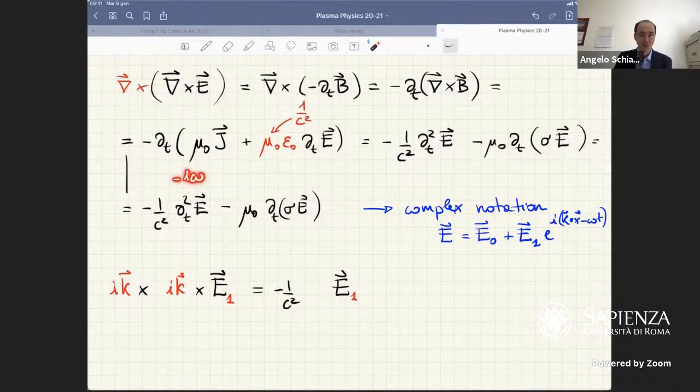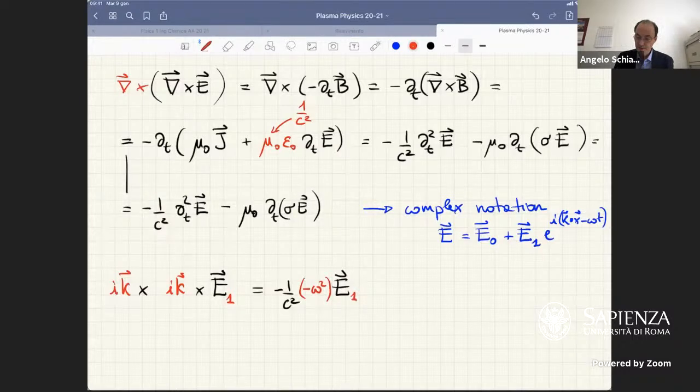So I multiply twice by this factor, and I get minus omega squared, which is actually the second time derivative.